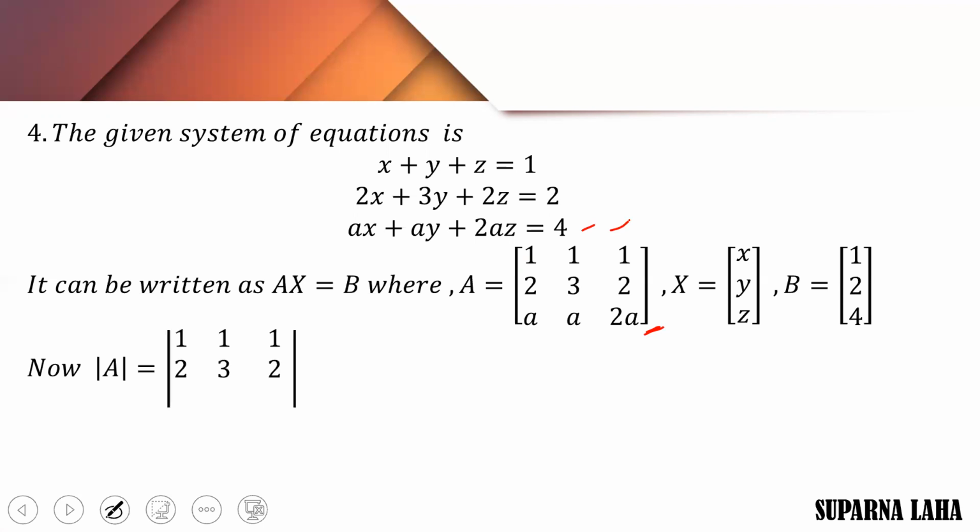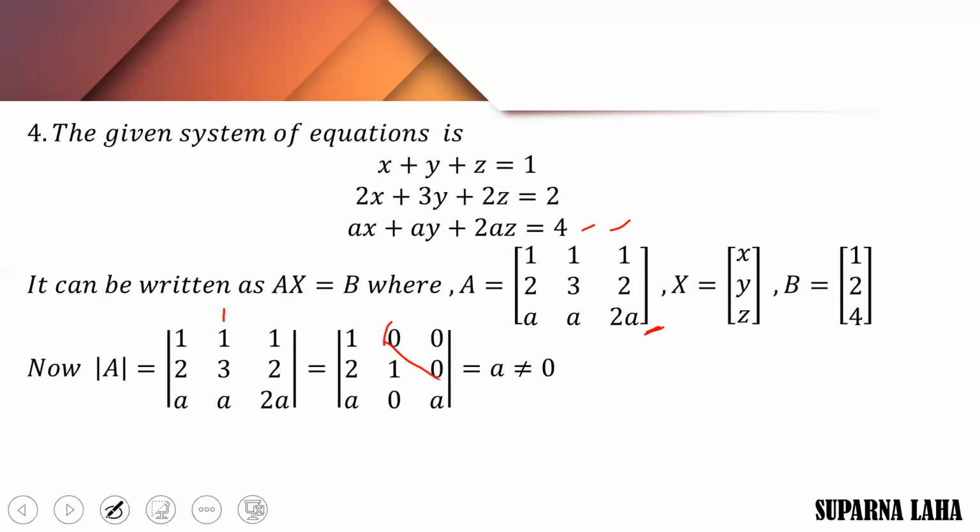Here I'm using row and column operations in such a way that it will be easier to solve. Just do C2 minus C1 and C3 minus C1, and it will be an upper triangular matrix, right?